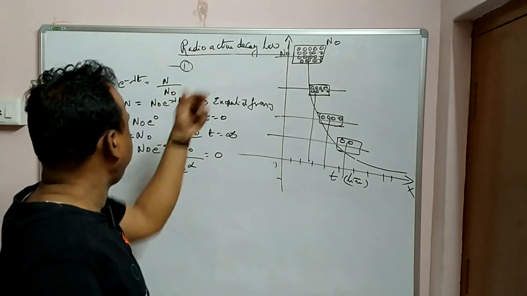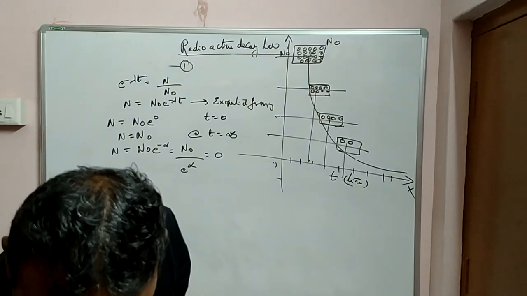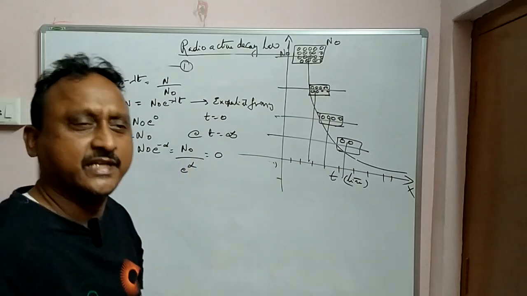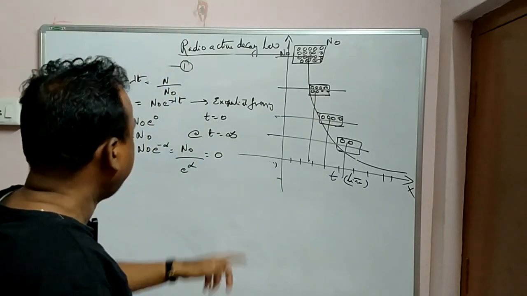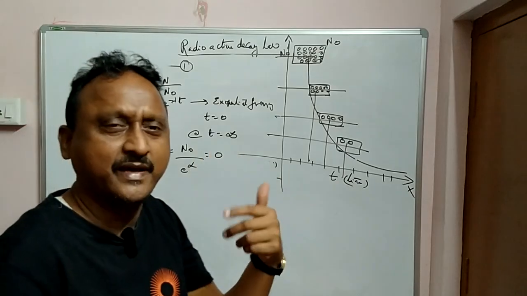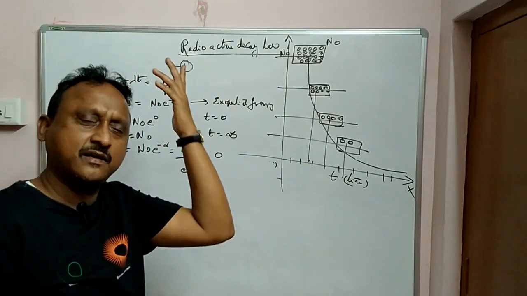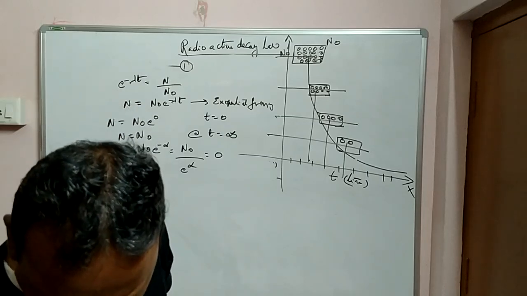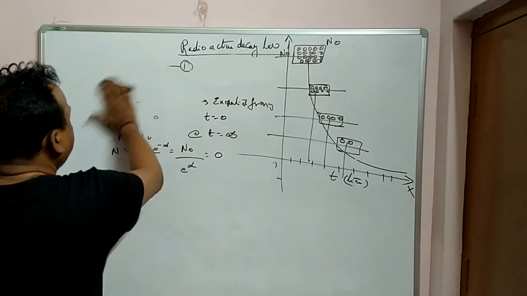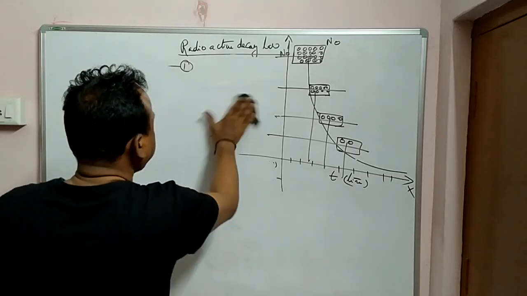So at infinite time, the sample completely decays. The sample will decay completely at infinite time. That may be 1 year, 2 years, 10 years or 40 years, it may take infinite time. Clear?